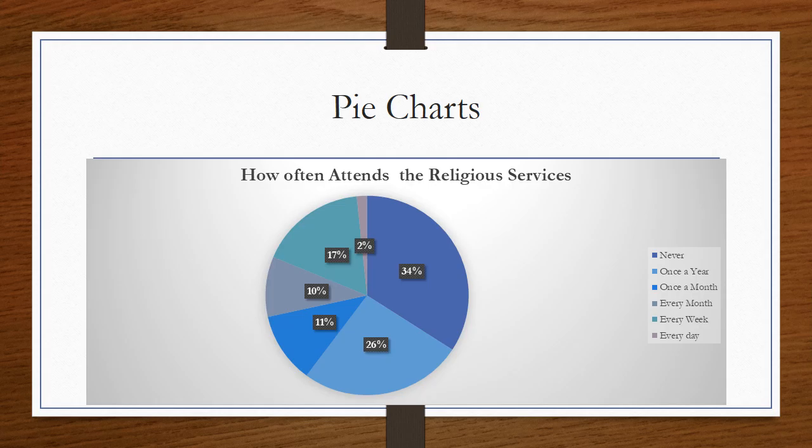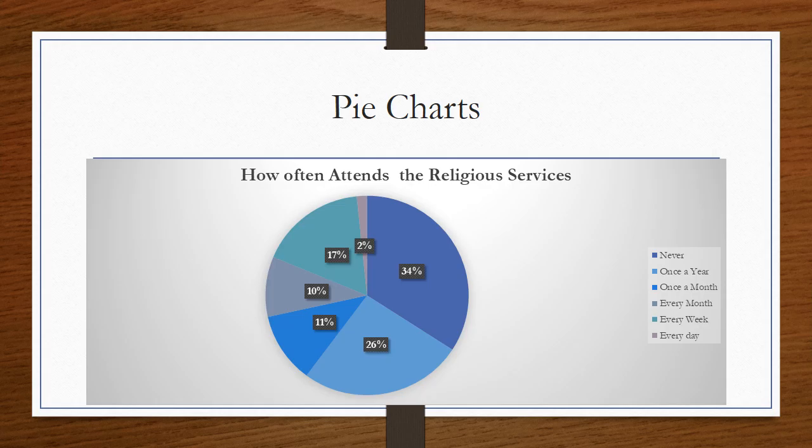So 34%, 26%, 11%, 10%, 17%, like that we are having divided slices. 34% indicates never, so they never attend the religious services. 34% of people.